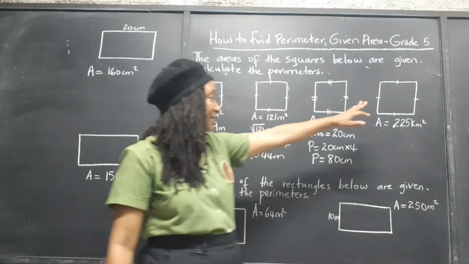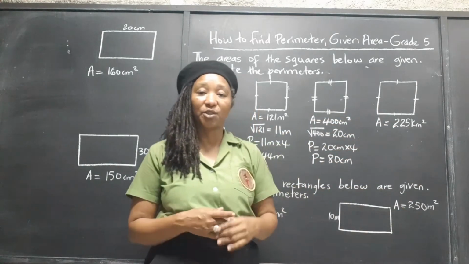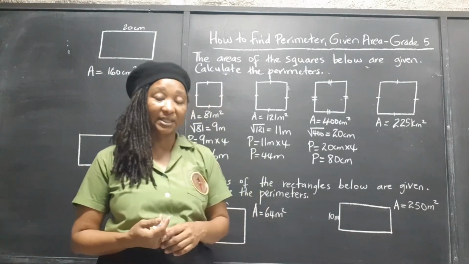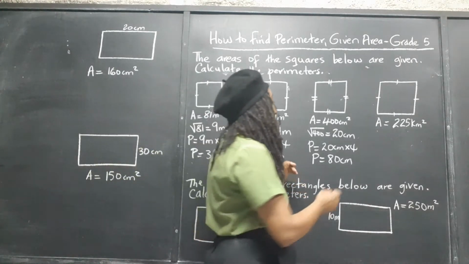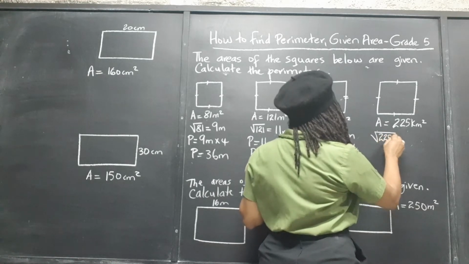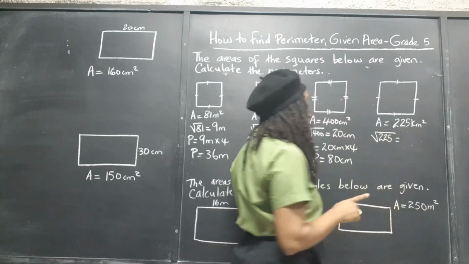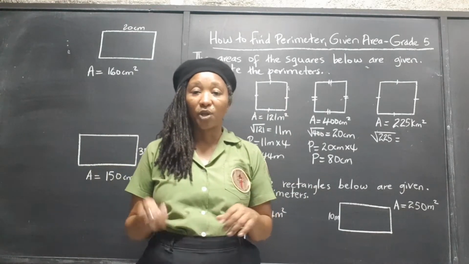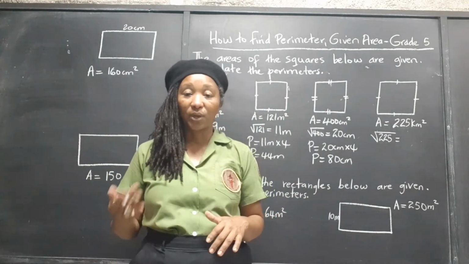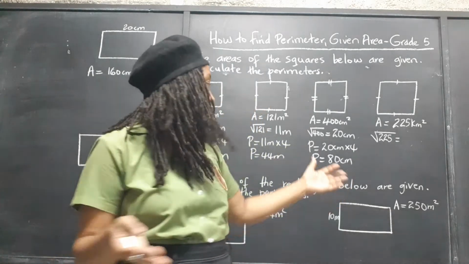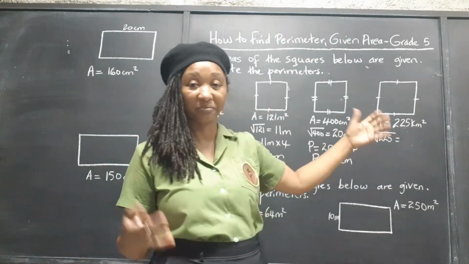Here we have another square, and the area is 225 kilometers square. Kilometers this time. Same principle. If we find the square root of the area of the square, we get the side, the square root of 225. Which number, when you multiply it by itself, you get 225. Now you should try and know your square numbers up to at least your 20.